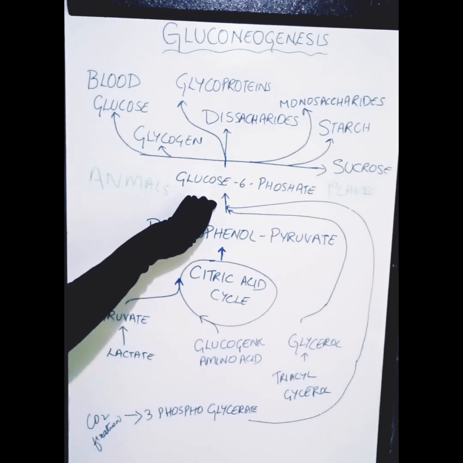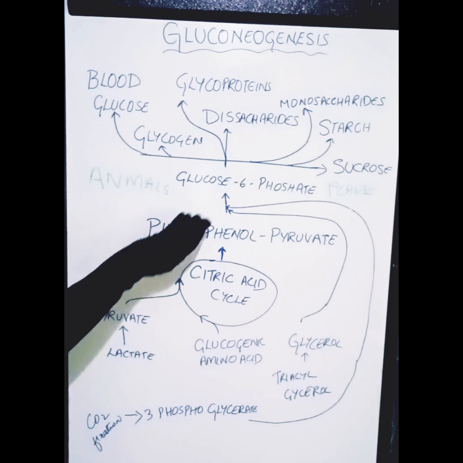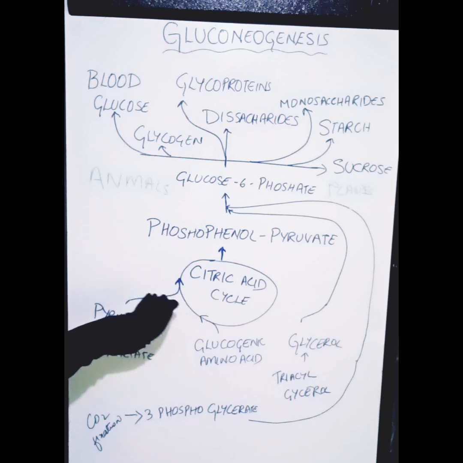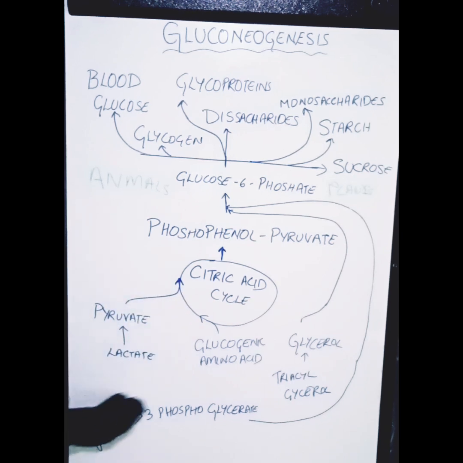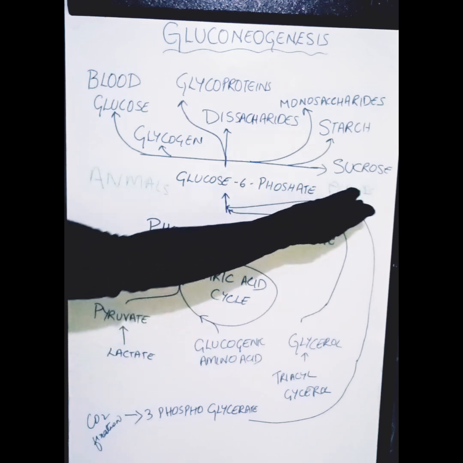Now, the pathway from phosphoenolpyruvate to glucose 6-phosphate is common to the biosynthetic conversion of many different precursors of carbohydrates in animals and plants.